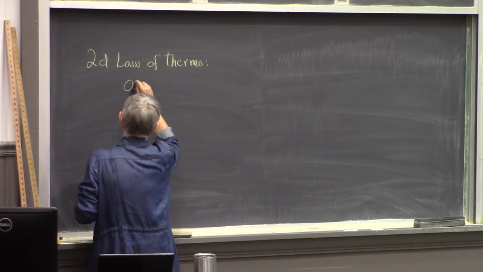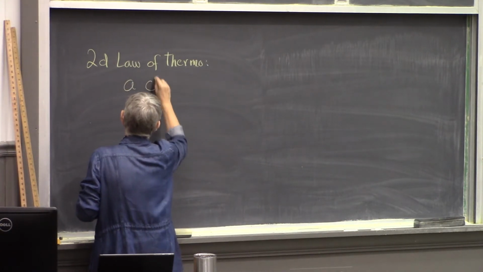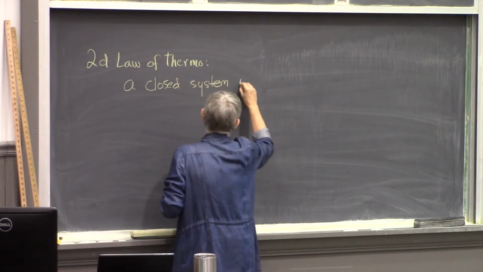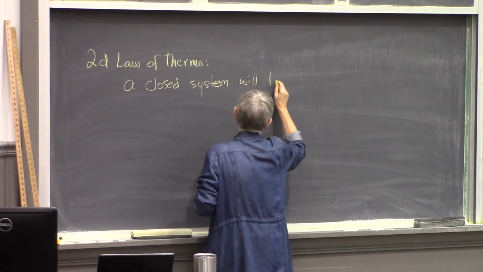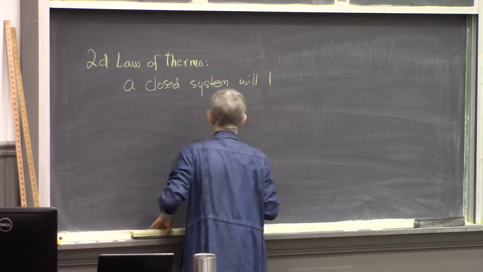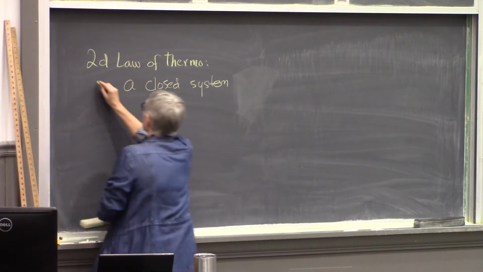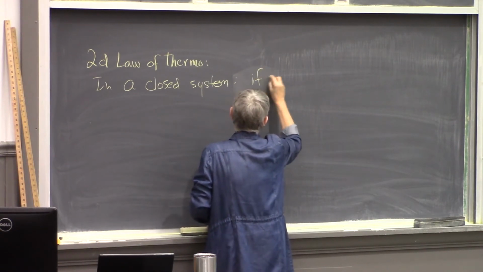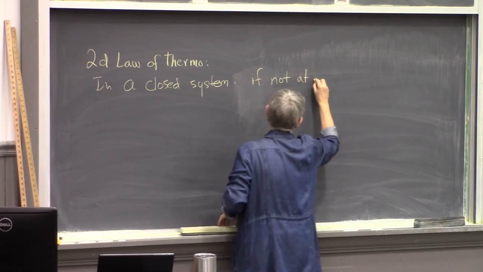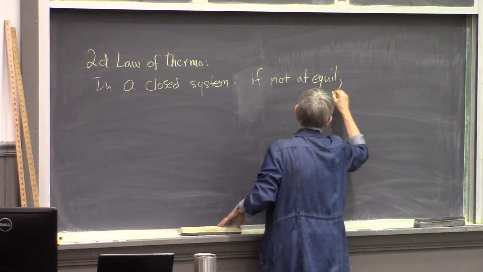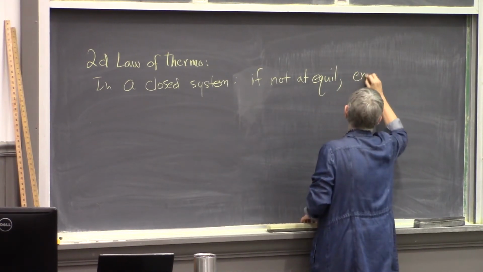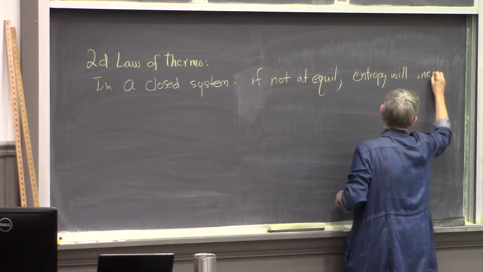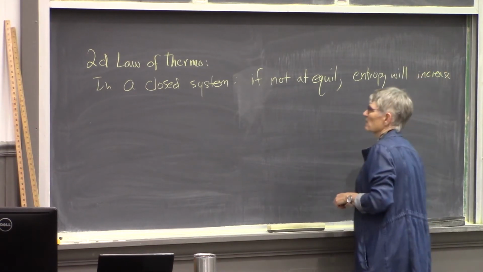So a closed system, if not at equilibrium, entropy will increase.